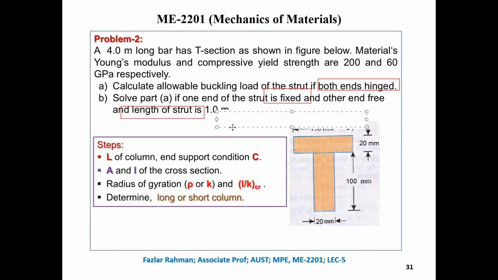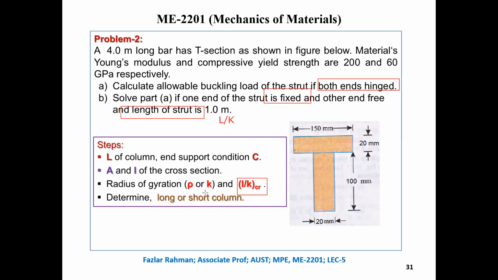How do you know? By the critical slenderness ratio. Then if your L by K is less than this value, it will be the Johnson equation. If it is higher than this value, it will be the Euler equation.